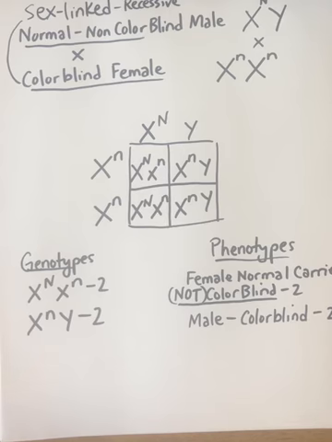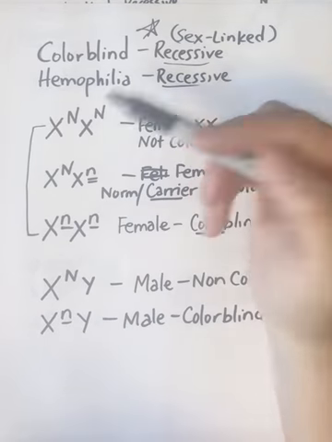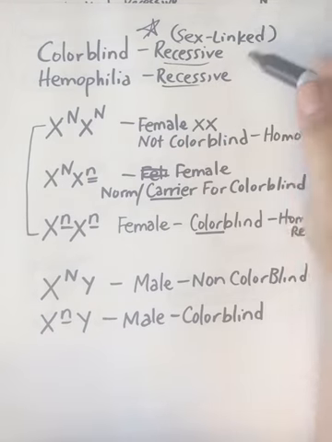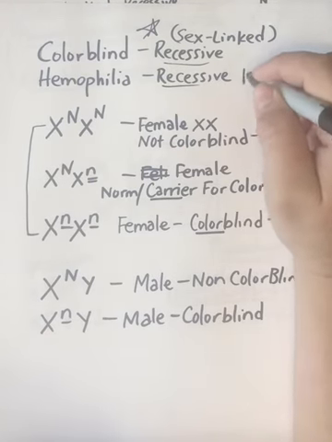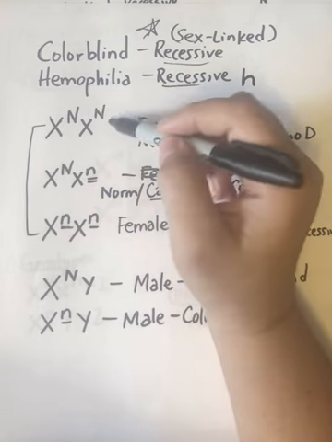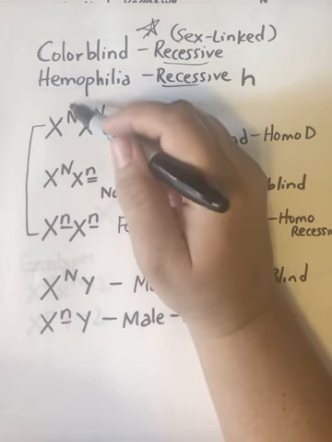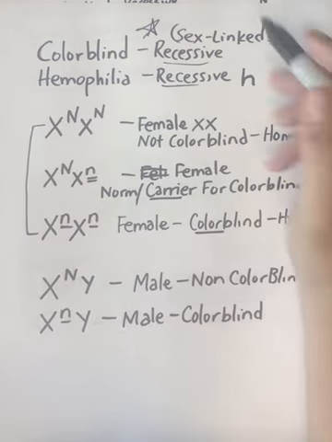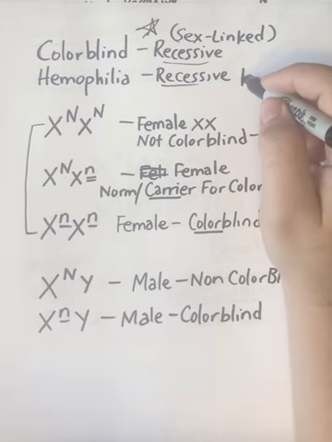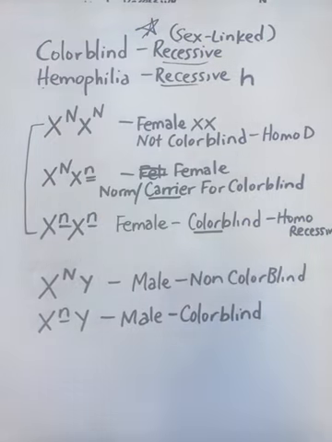Now, if you were doing these crosses for hemophilia, hemophilia is also a recessive trait. Instead of using the letter N's, you would say, I'm going to use the lowercase h for recessive. So you could have a normal female that is not hemophilia, so you would change those to capital H's as opposed to N's. Hemophilia, I'm just using H for hemophilia.